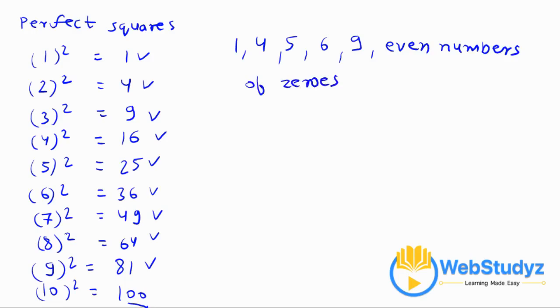Like in case of 10, the perfect square has 2 zeros. So we have an even number of zeros.